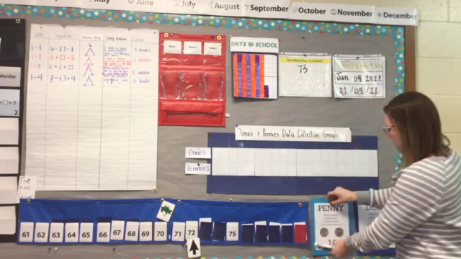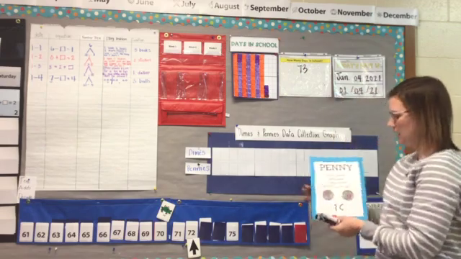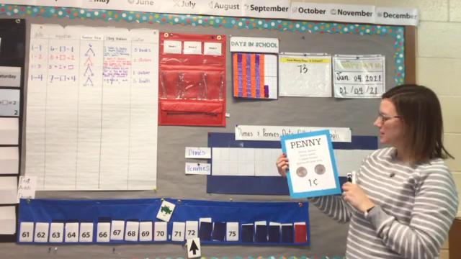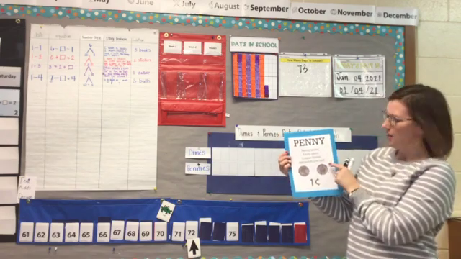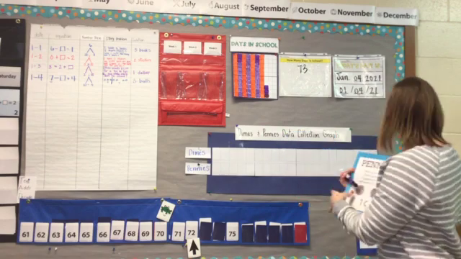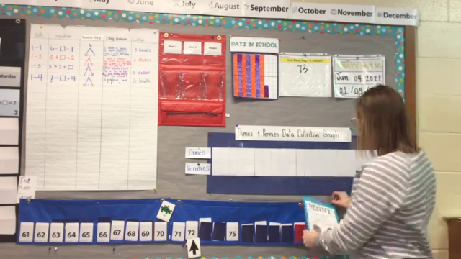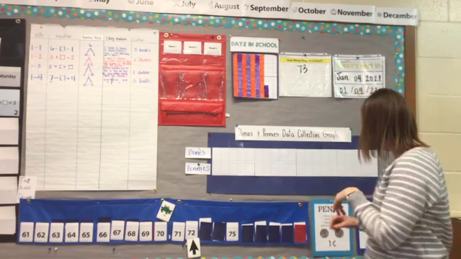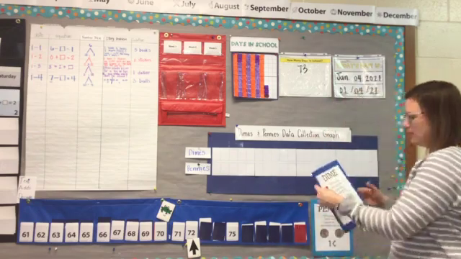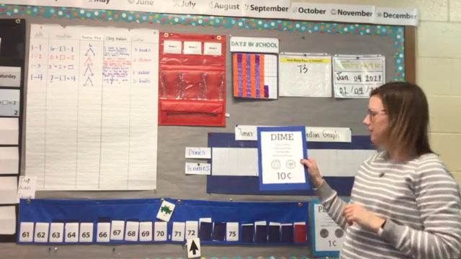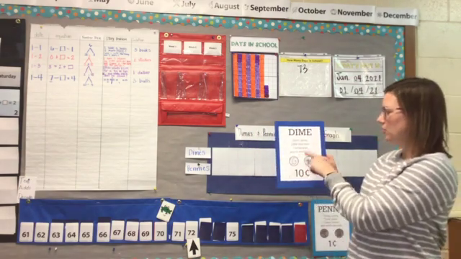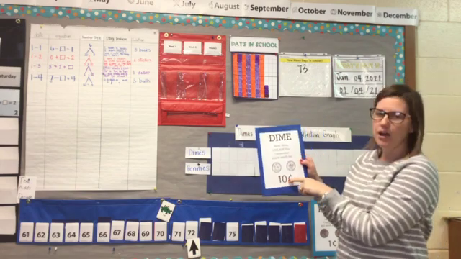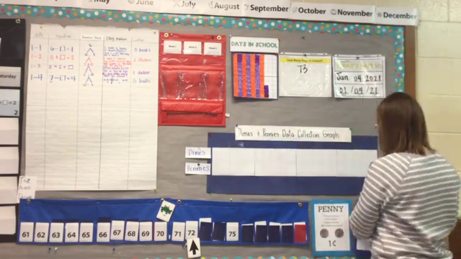So if you remember our little poem about a penny, okay, penny, penny, penny, easily spent, copper brown and worth 1 cent. Okay, so we know our pennies are brown or the copper color, and they're worth 1 cent. Dimes, dime, dime, little and thin, I remember you're worth 10. Okay, and our dimes are a silver color, and they're worth 10 cents.